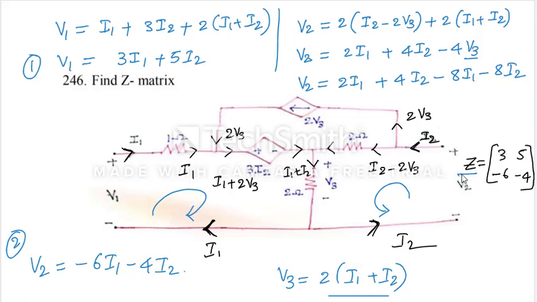Here we have a matrix of z parameters, let us say 3, 5, minus 6, minus 4 is given. For this we want to find the other parameters. Remember, 3, 5, minus 6, minus 4.